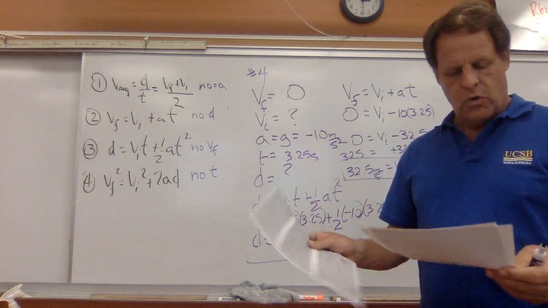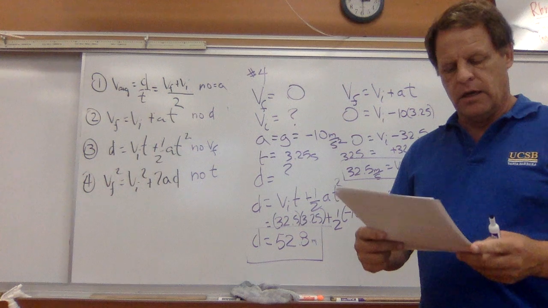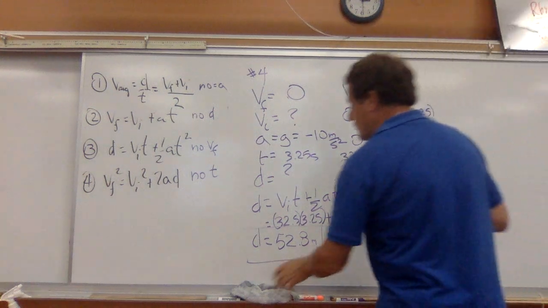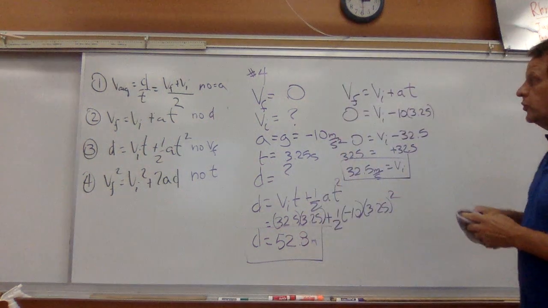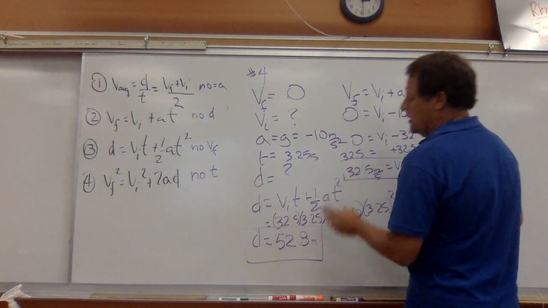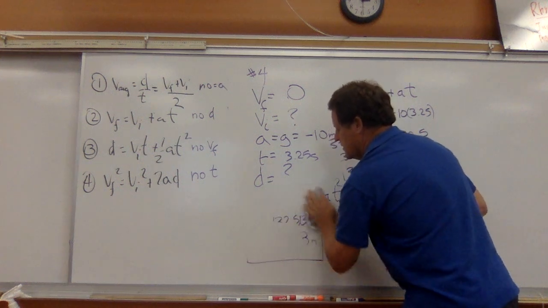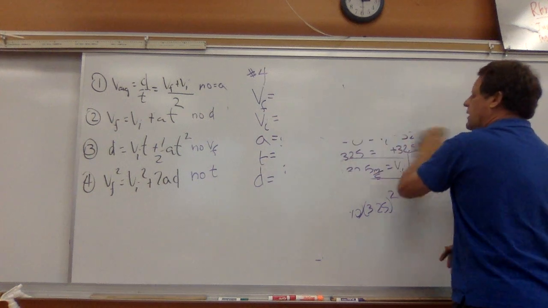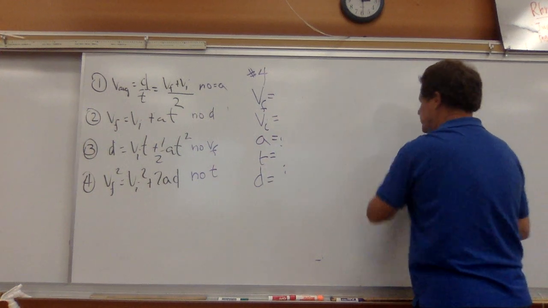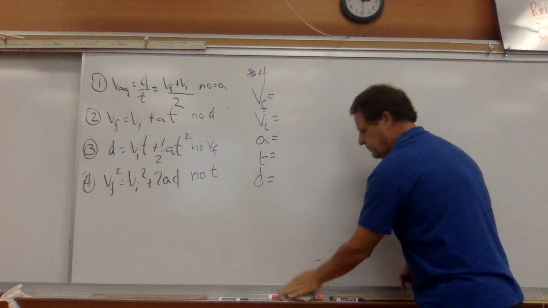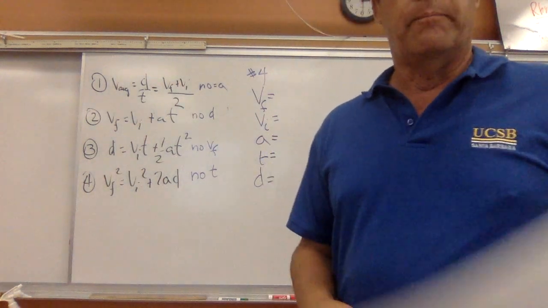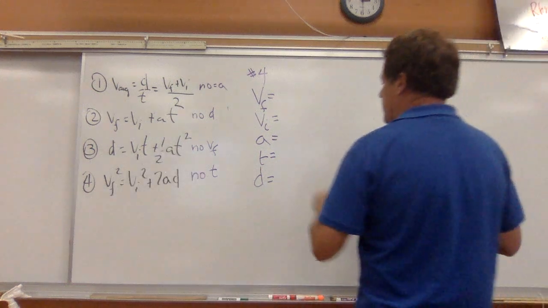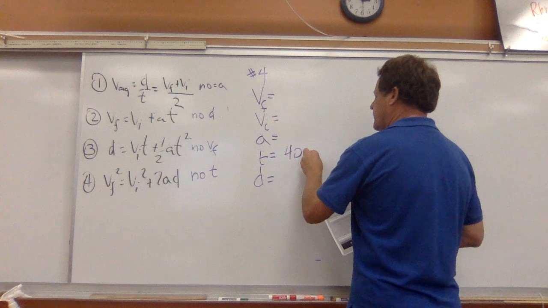All right, so I'm going to go ahead and look at problem number 6. I am going to erase this, and again, we have all our variables. Problem number 6: a rock drops off of a wall and it takes 4 seconds to hit the ground. So we've got 4.0 seconds.